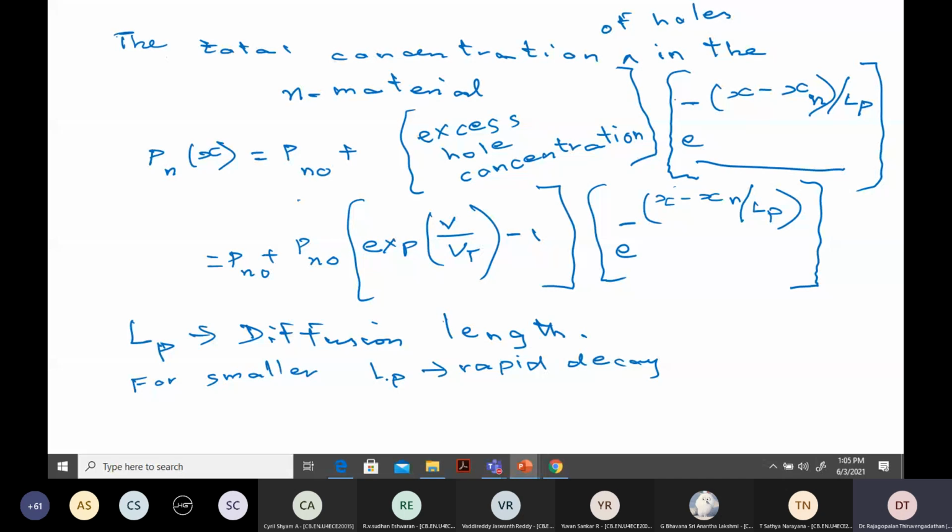For larger LP, which means the diffusion length is larger, it is able to travel deeper into the n region, so the decay of concentration will be slower. So this is a fact. This is one thing.